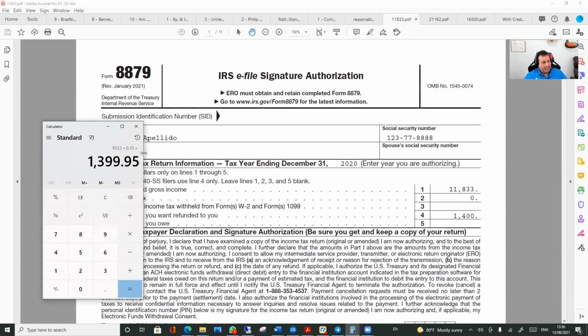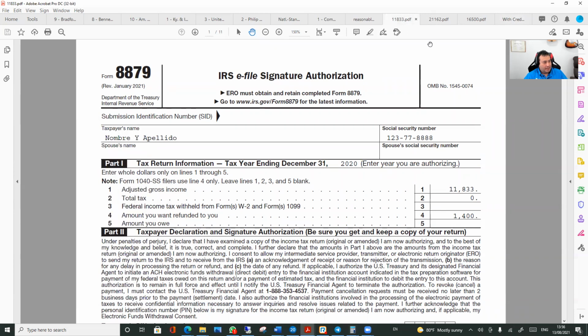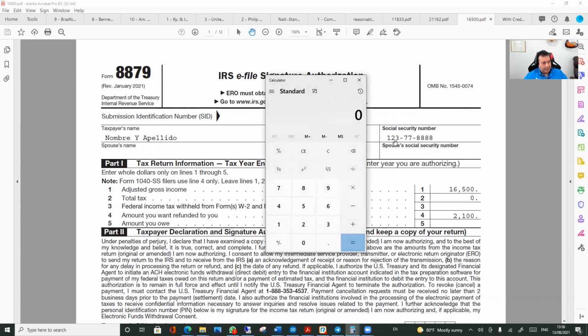Another example I have is this person: 16,500 minus the floor, and then from that, you take 15%. So with 2 children, if somebody only earned 16,500, they will still get the credit, but it wouldn't be the 2,800 I showed in the first video.